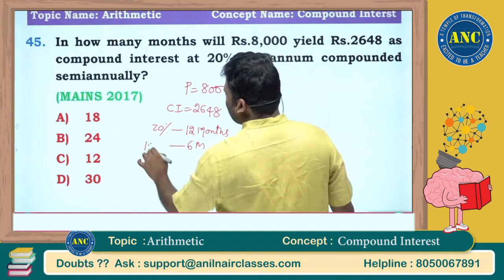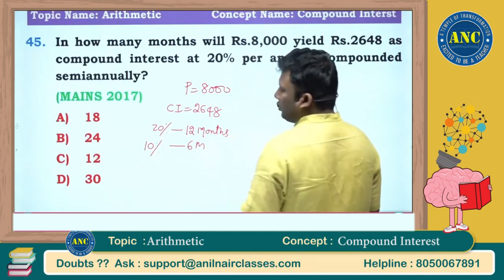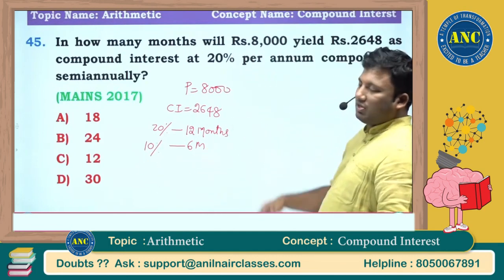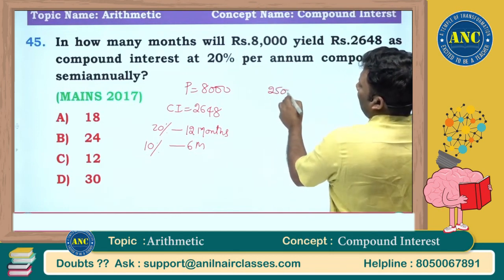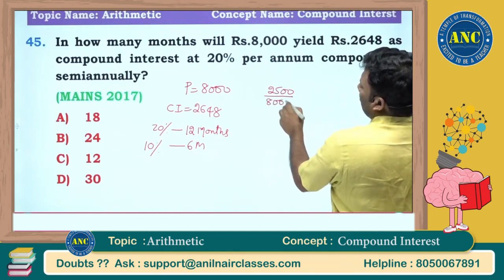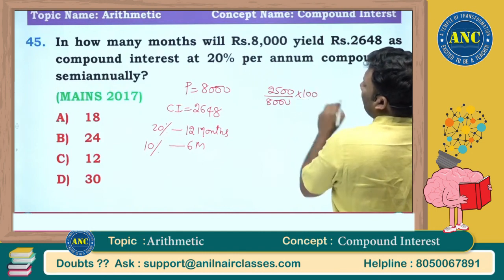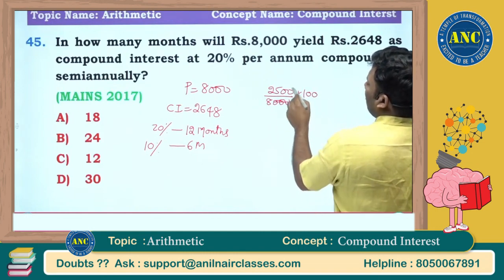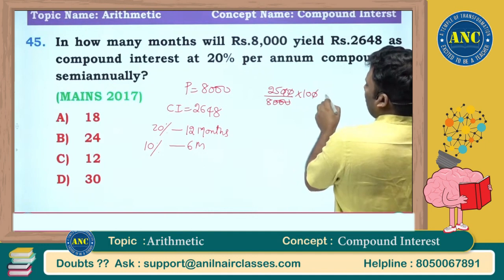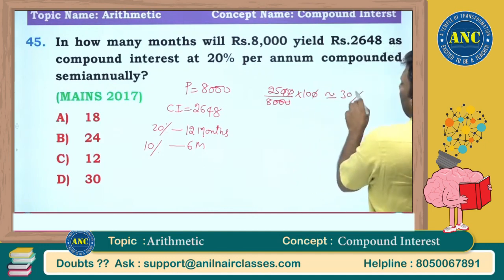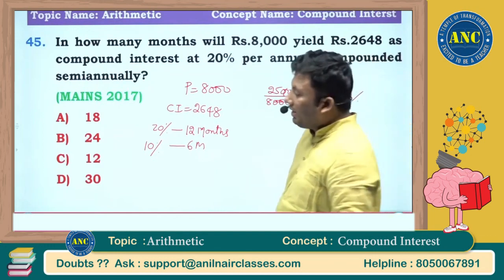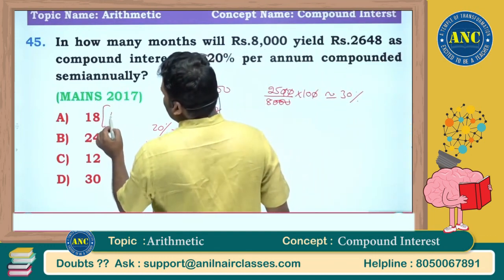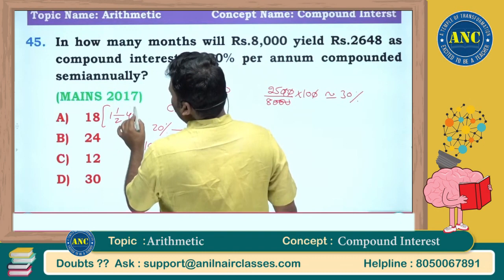Semi-annually is 6 months, which is 10 percentage. Let us go approximately 2648. Let me take 2500 by 8000 into 100. 3 zeros cancel. So this is around 30 percentage.